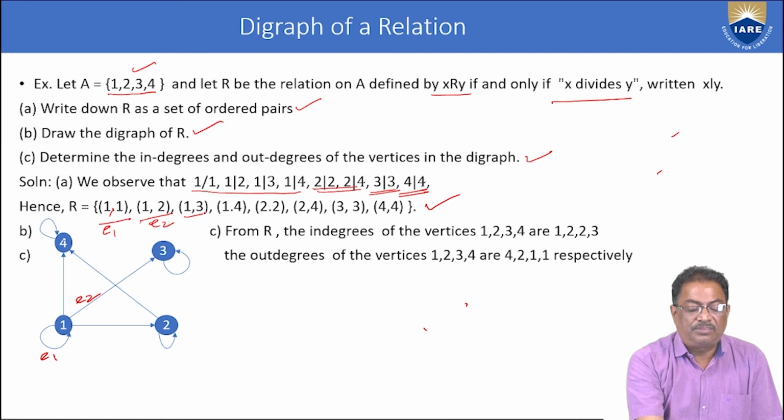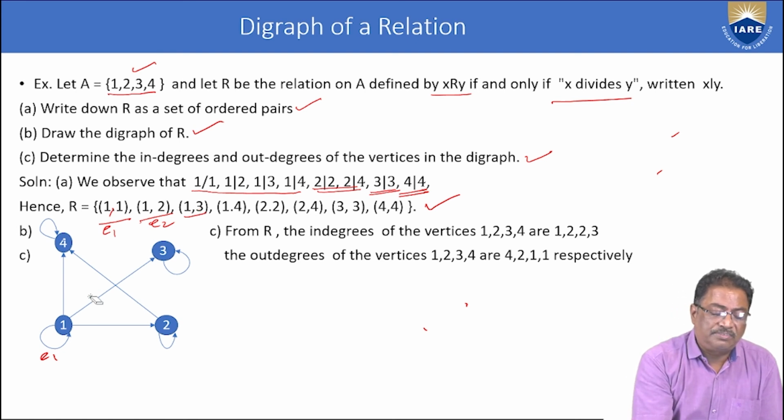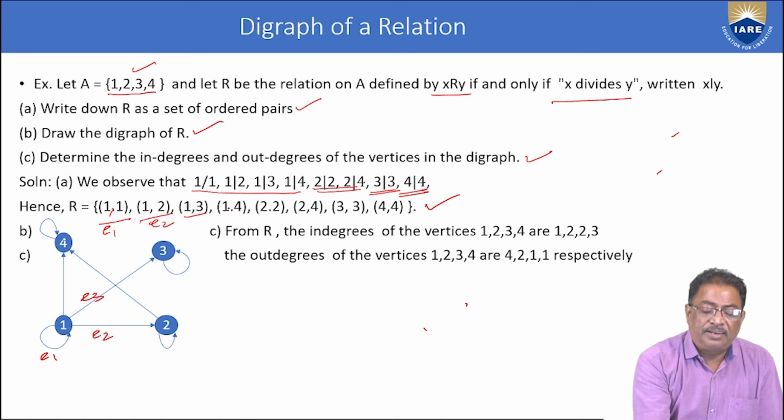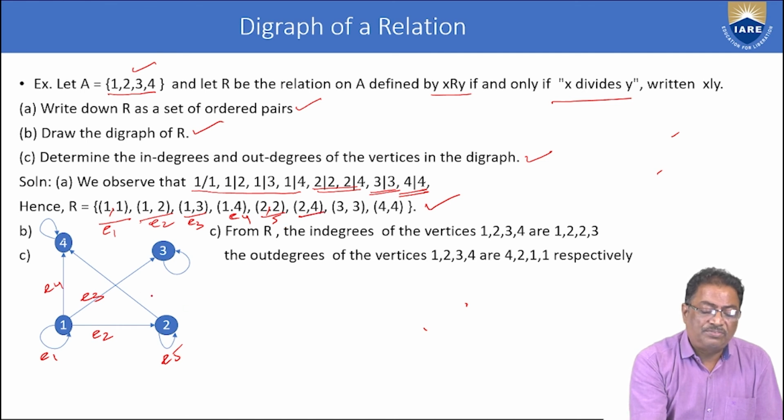Next, 1 related to 3, this is E3. And then this is E4. Then (2, 2) is E5. And (2, 4) is E6.